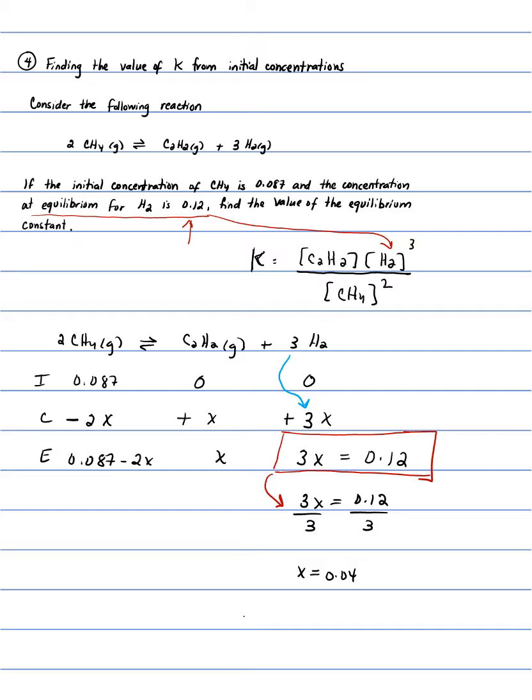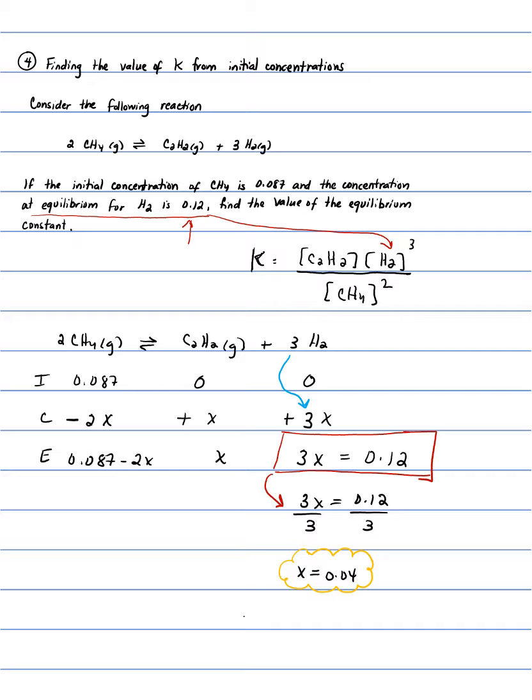So you see, we did a lot of work in the previous problem to find out that numerical value for x. But in this example, since we know how much is the concentration at equilibrium for H2, and using the ICE table, we know that that concentration is equal to 3x, you can actually find out that value for x.